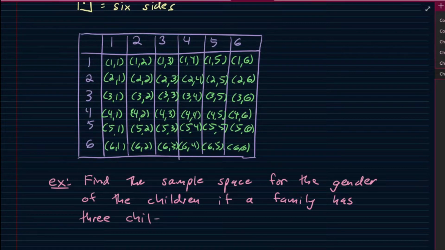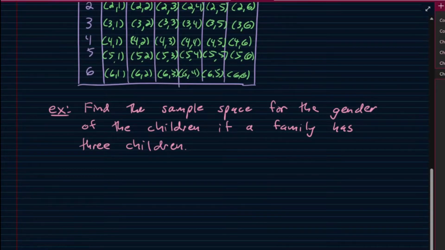Okay, well, if they're having 3 kids, think about what are all the outcomes. And sample space is usually written as a set, which is curly braces, and then you list every outcome. So if they're having 3 kids, maybe one outcome is all of them are boys, so BBB.